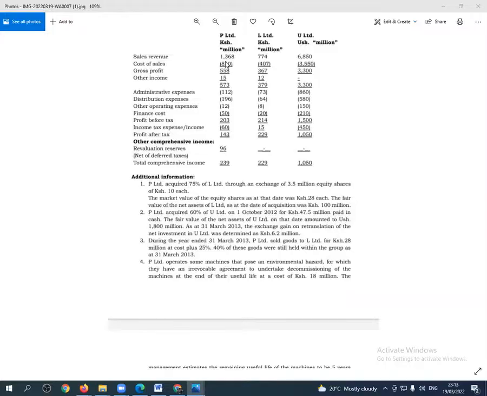We only consolidate parent and subsidiaries. You told me somewhere that L Limited was our subsidiary for 9 months. Prorate 9 months. So we have there 774 times 9 over 12, plus we also have another subsidiary.